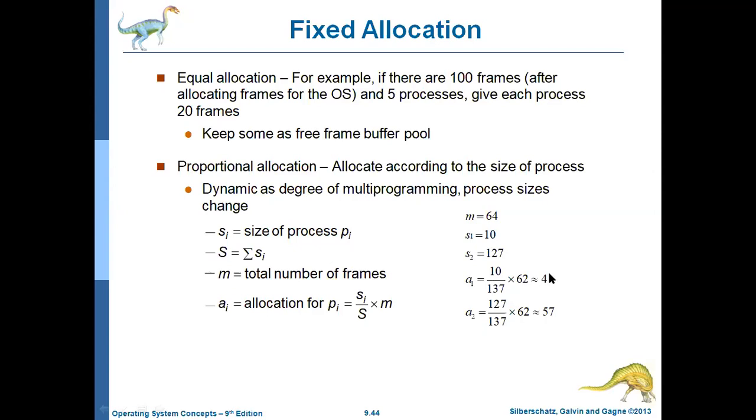That gives us 4 for a1, and a2, the allocation, gives us 57. So here 64 has been divided accordingly, and the other 2 are kept as free frames.